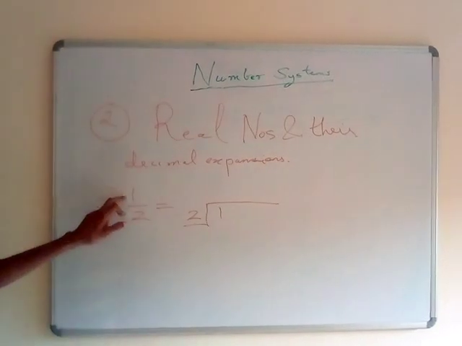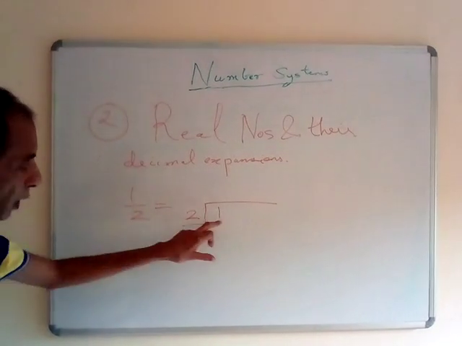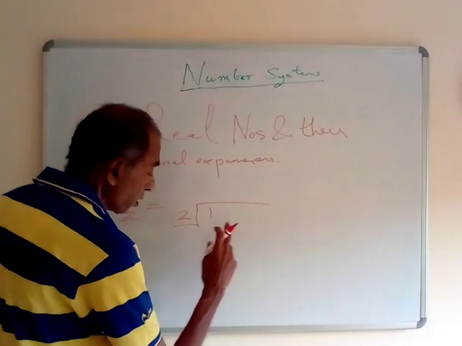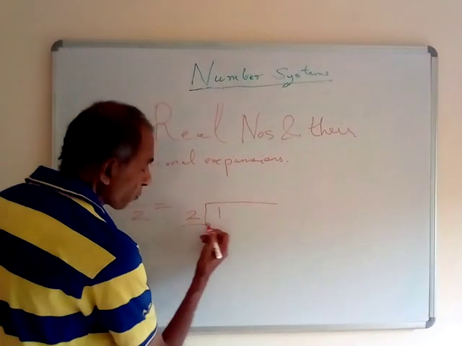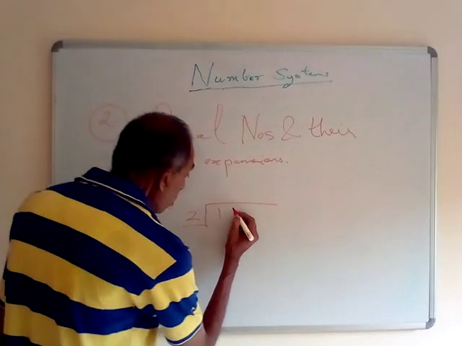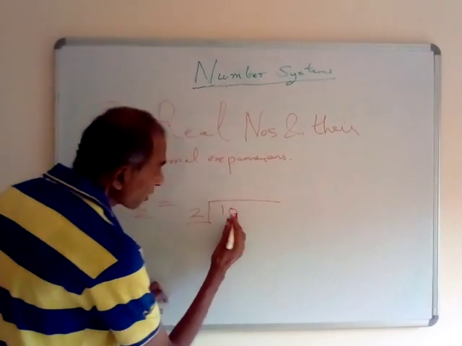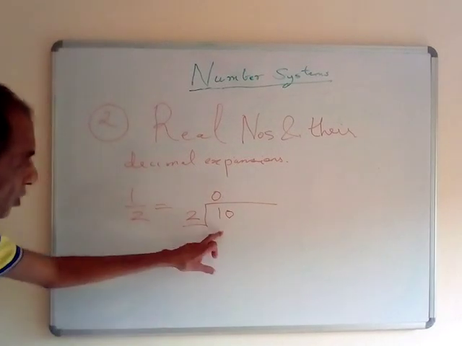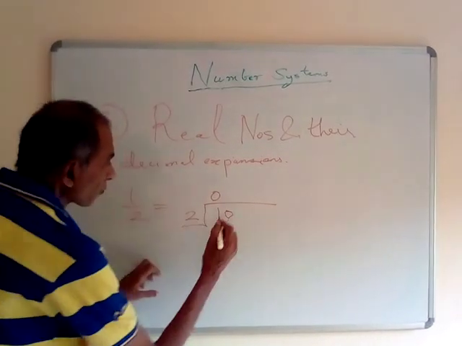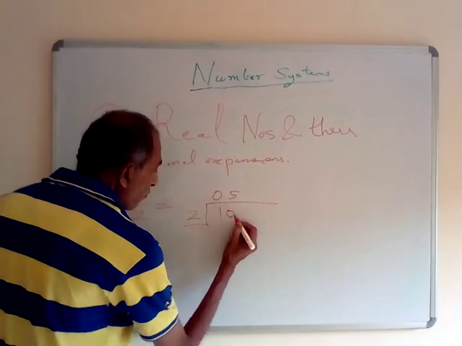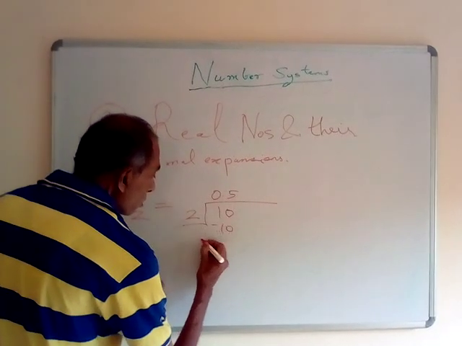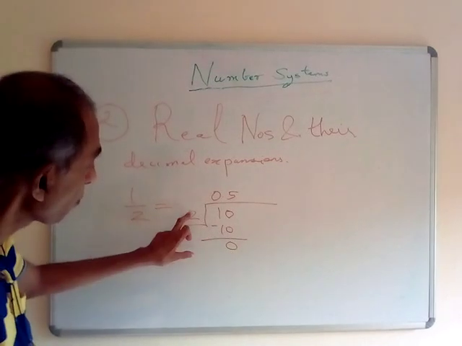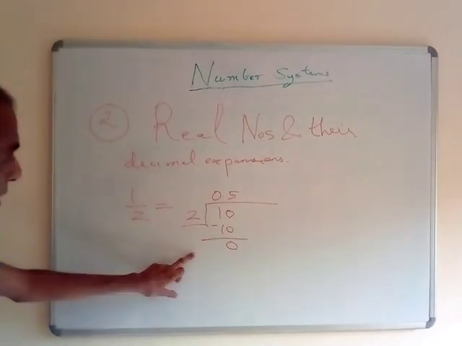We have to divide 1 upon 2 to get the decimal expansion of this. The decimal expansion is the answer of this. 1 divided by 2: 1 is smaller than 2, so we have to bring a 0. First time we are bringing a 0, here we will have to put a 0 and a decimal point. Now this is 10 and this is 2. So 2 5s are 10. So here this is a terminating number, 1 upon 2, a terminating rational number.